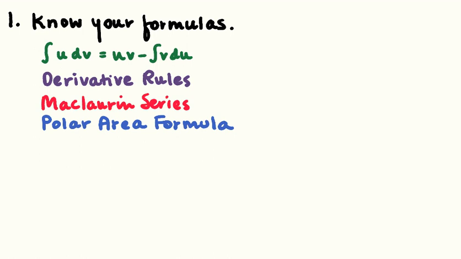The polar area formula is you have to do 1/2 r squared when we're integrating. So don't forget to do that. They will always have a distractor answer choice on a multiple choice setting that is twice as much as the correct answer, where you've remembered to square it but forgotten to divide by 2. Don't forget to divide by 2, please.